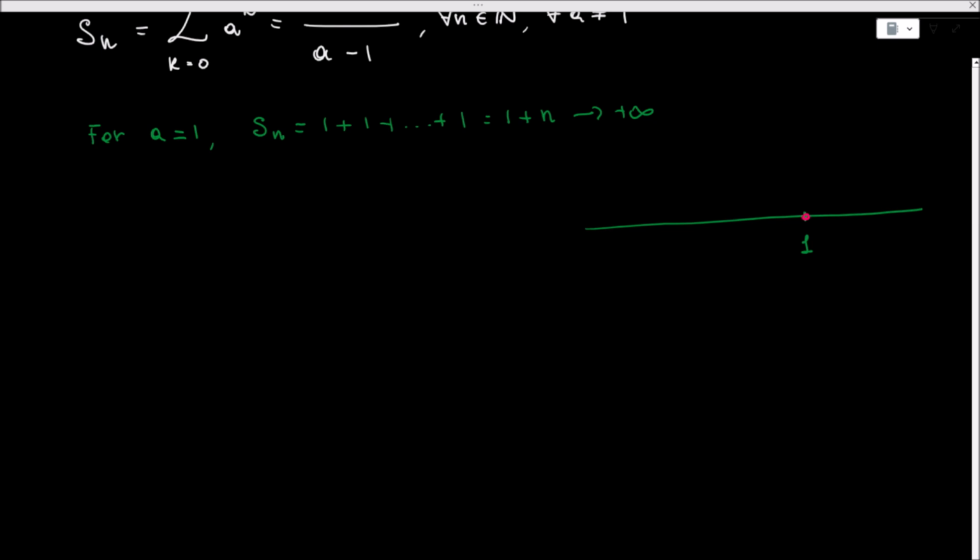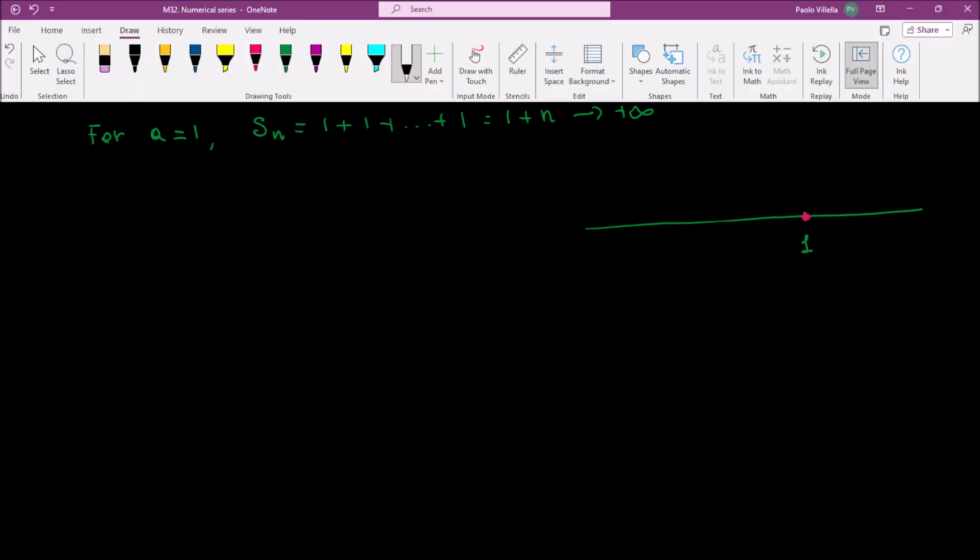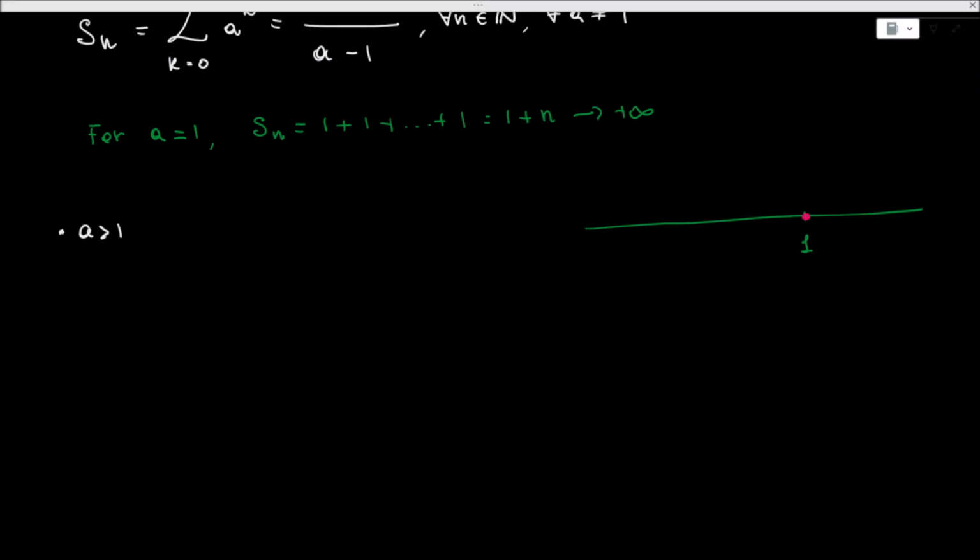Now let me consider the situation where a is larger than 1. Sn would be equal to 1, because this is a to the 0, plus a squared plus dot dot dot a to the n. And it is easy to see that this will diverge to plus infinity.